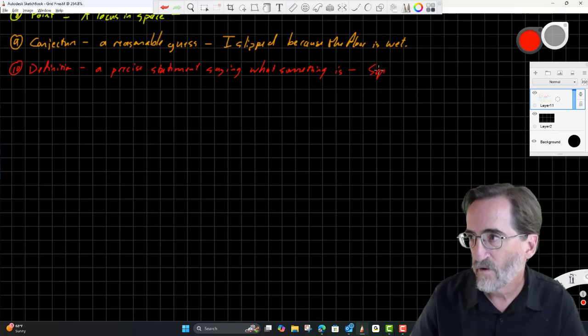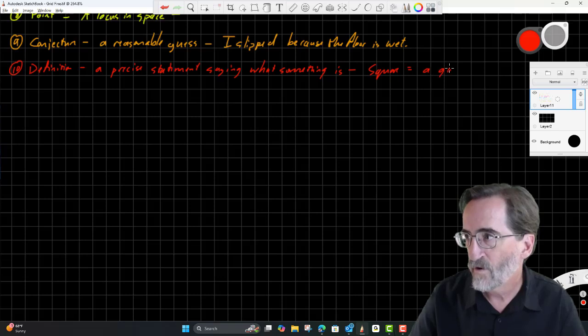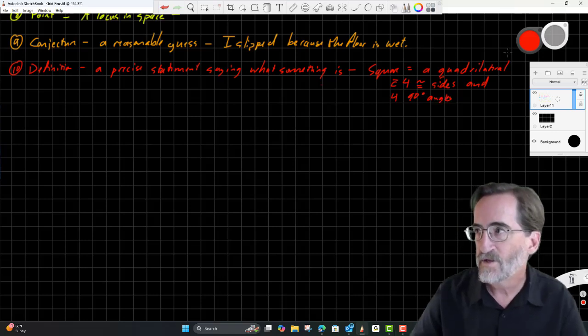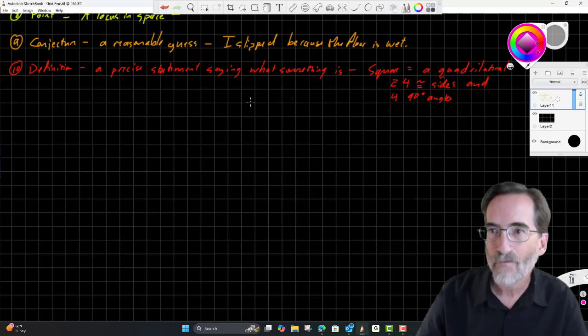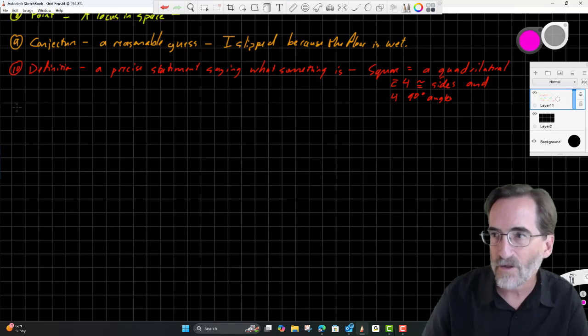Square equals a quadrilateral with 4 congruent sides and 4 90-degree angles. Definition. Word and example. Definition and example. Number 11.